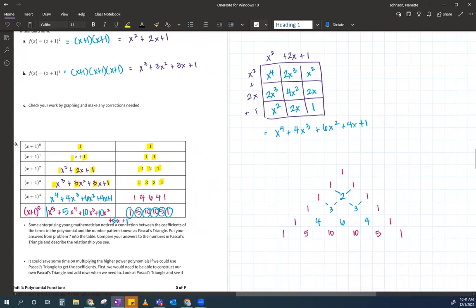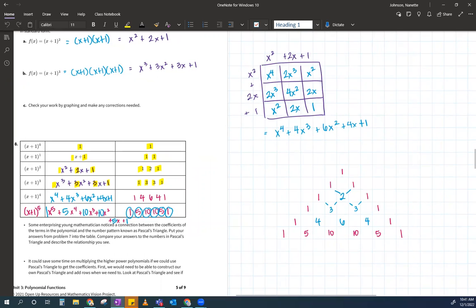So the way the triangle works is you put ones on the edges. And then if you're trying to find the numbers in between those ones, like this number that goes in this box right here, you're just going to add the numbers that are above directly to the left and to the right.